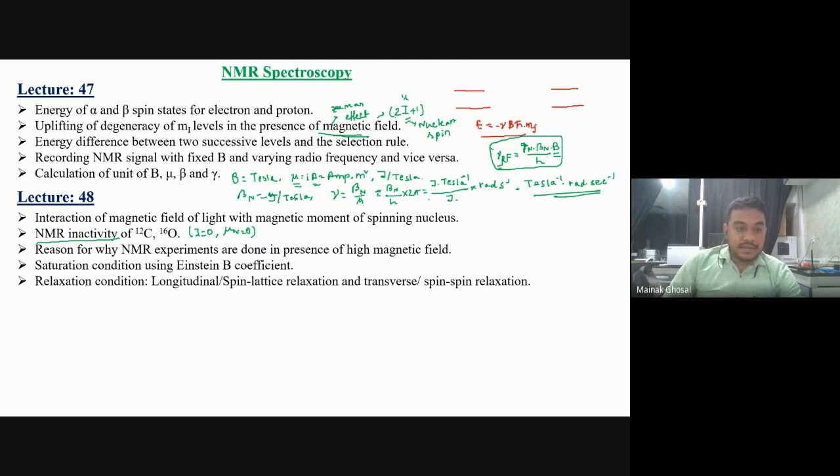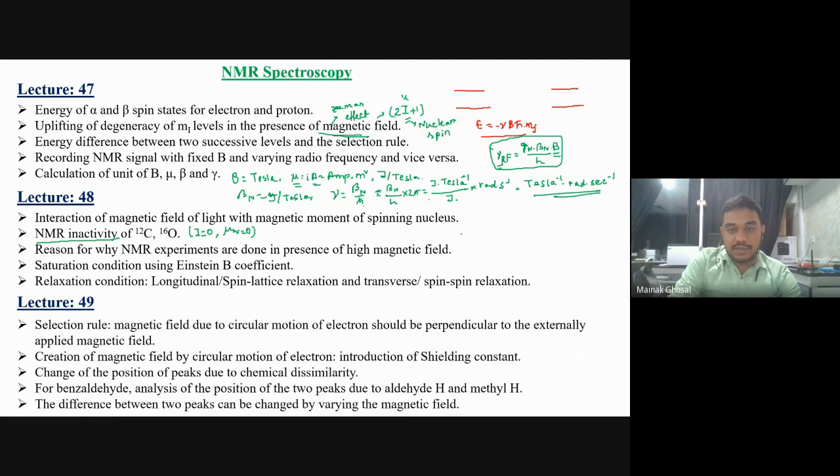Okay. Next, the reason was explained for why NMR experiments are done in the presence of a high magnetic field. So what was the reason? Actually, it was shown. I need to go to the next slide.